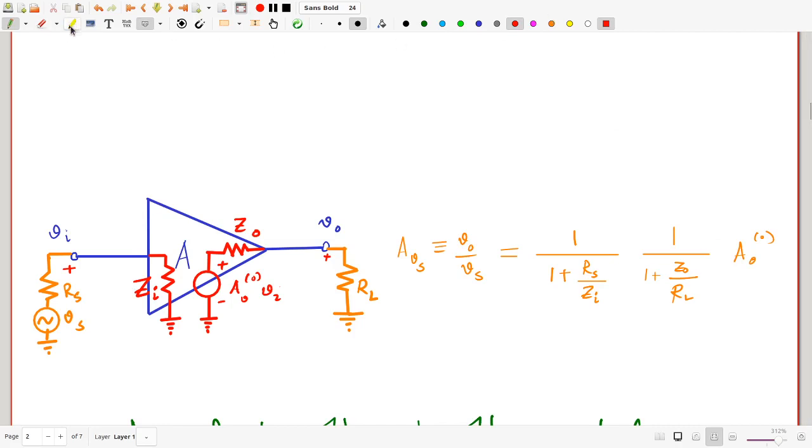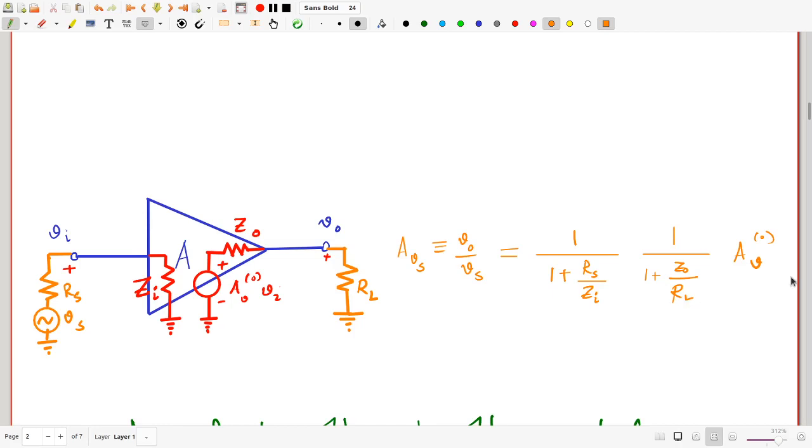Let me write this a bit better. AVO, this parameter here, times two factors which depend on the ratios between the source resistance and the input impedance, and between the output impedance and the load resistance.